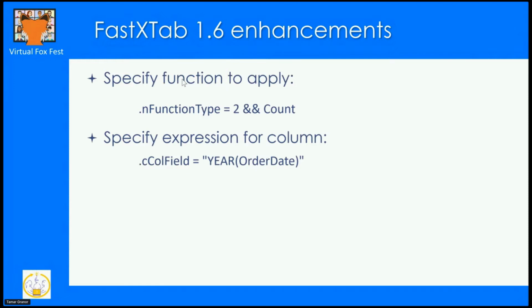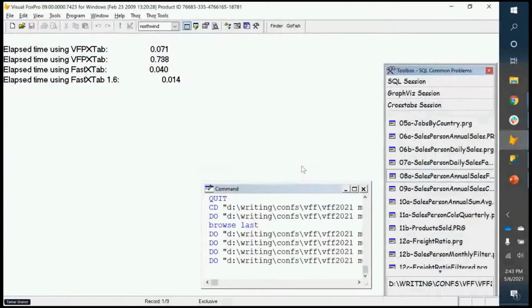But you can pass parameters to VFPXtab. You can specify properties in FastXtab 1.0 to change those orders using the column numbers. In FastXtab 1.6, you can specify using properties. The column field says use this column name or expression, in this case, year of order date, to determine what the columns are in the crosstab. Let's go look at that.